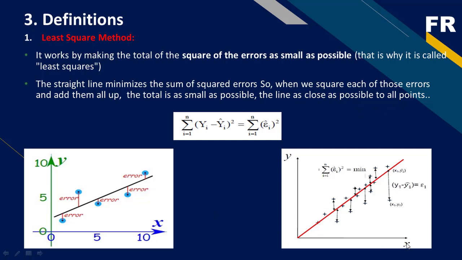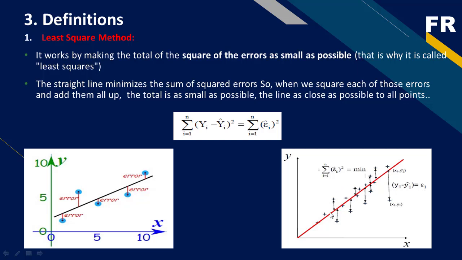In this graph, x and y, two variables are there and we draw a best fit line. The point on this line is the estimated point and this one is the actual point. So the difference between these two is called an error, e1. That is yi minus y1 dash is e1. This is error 1, error 2, error 3, and so on.